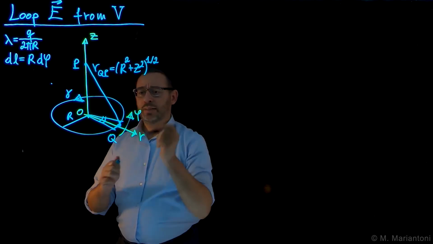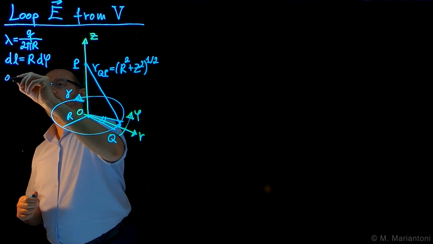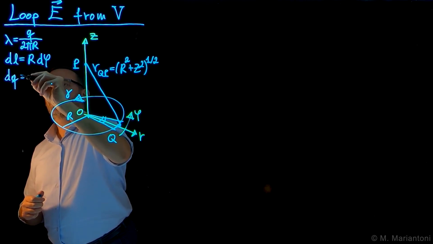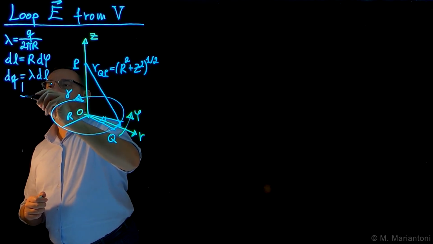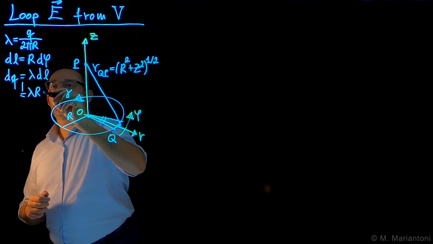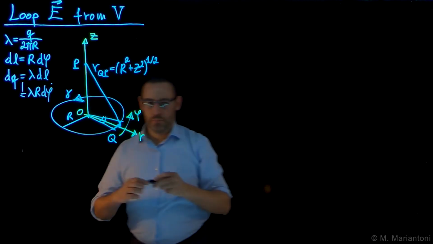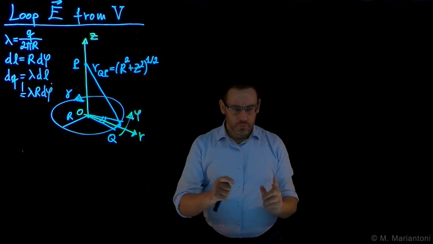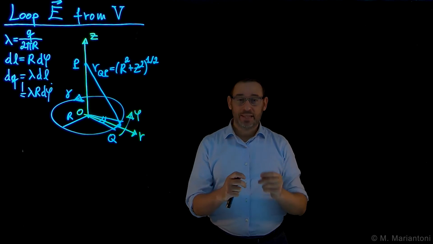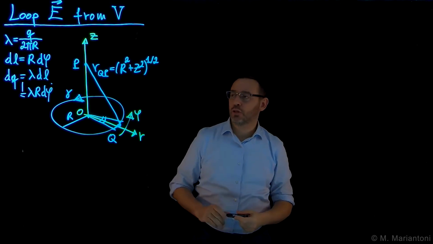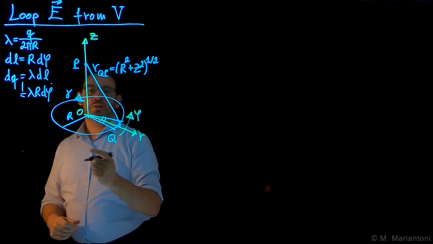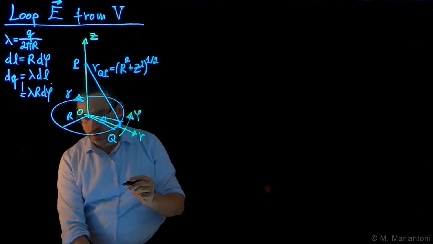So we also know that this infinitesimal element is characterized by a charge dq, which is equal to lambda dl, and therefore lambda capital R d phi. All right, so now that we know all that, we can simply use the integral form, since this is a continuous charge distribution, for the electrostatic potential in 1D for a linear distribution.